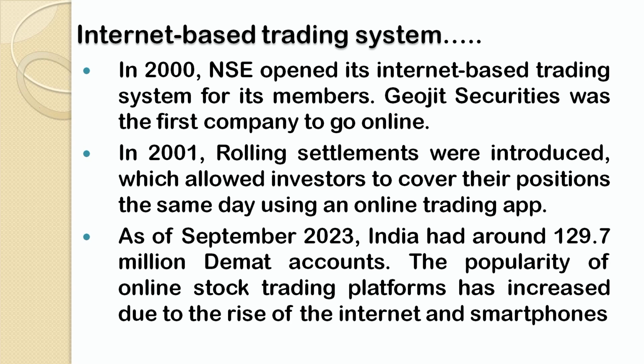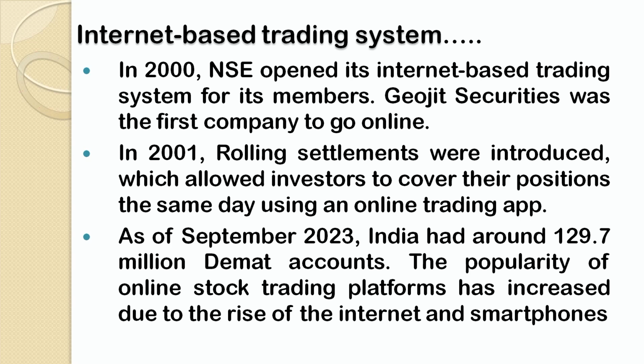Later on, Geojit Securities was the first company to go online. That means when NSE opened its internet based trading system for its members, thereafter the first company to go online was Geojit Securities. Later on in 2001, rolling settlements were introduced.